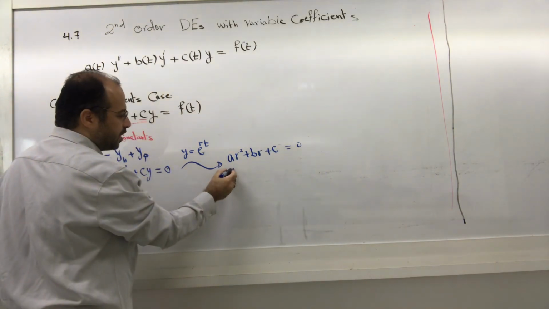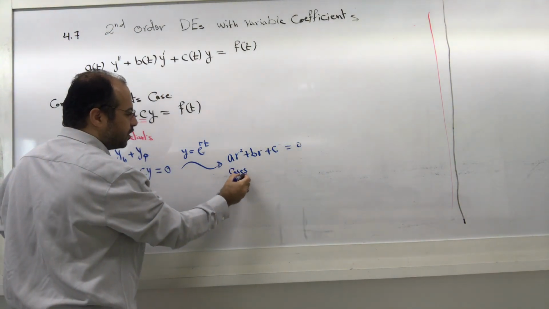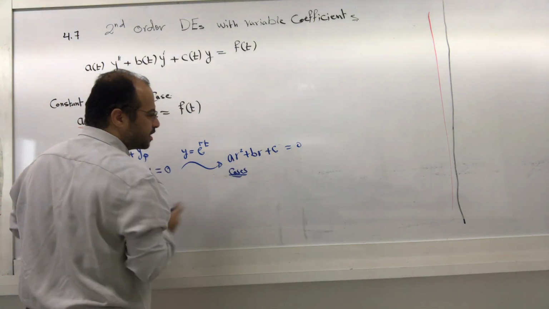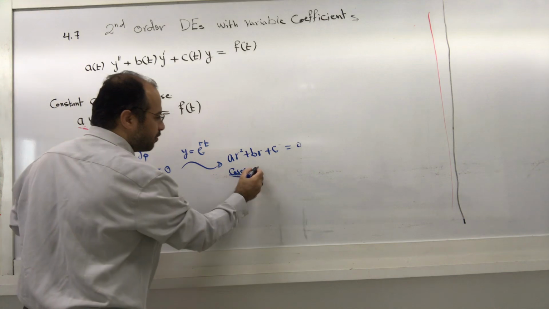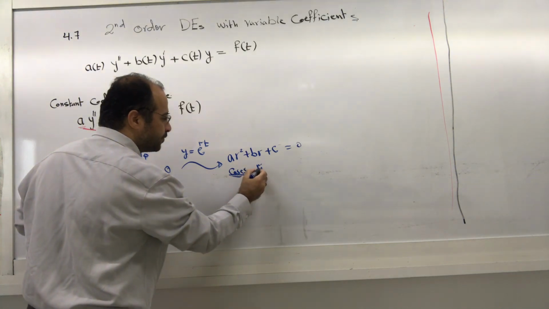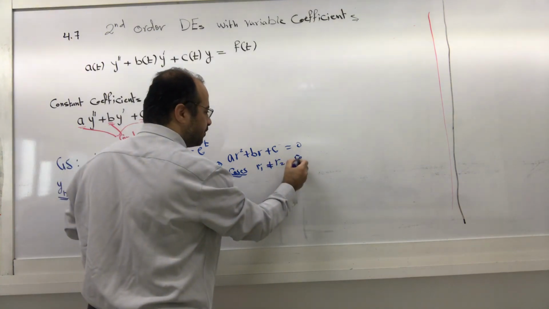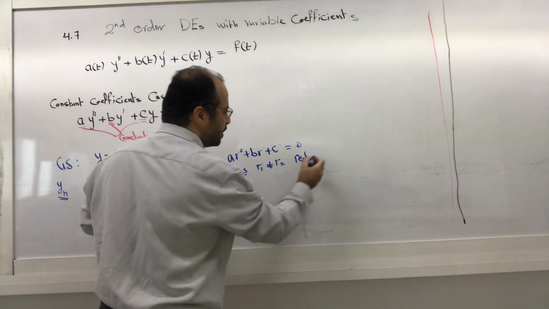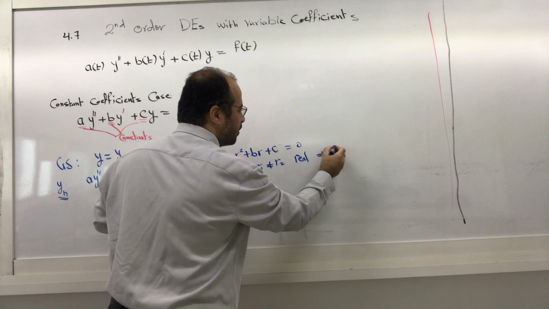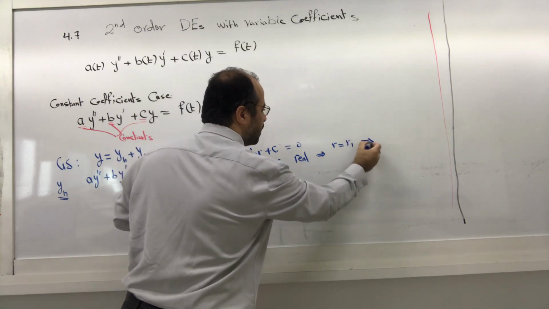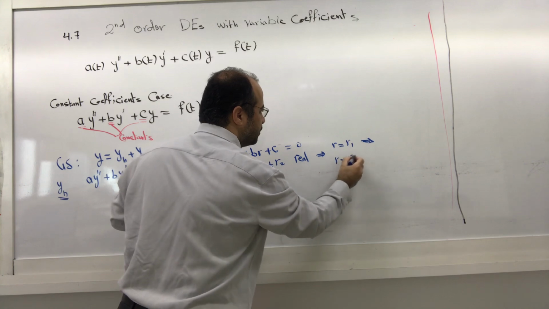And there were some cases here. Case 1, when you get two distinct real solutions for this algebraic equation, r1 not equal to r2. Then you have r equal r1 and r equal r2.